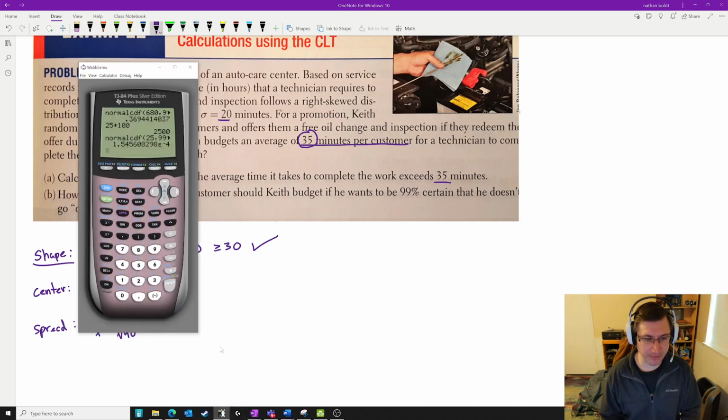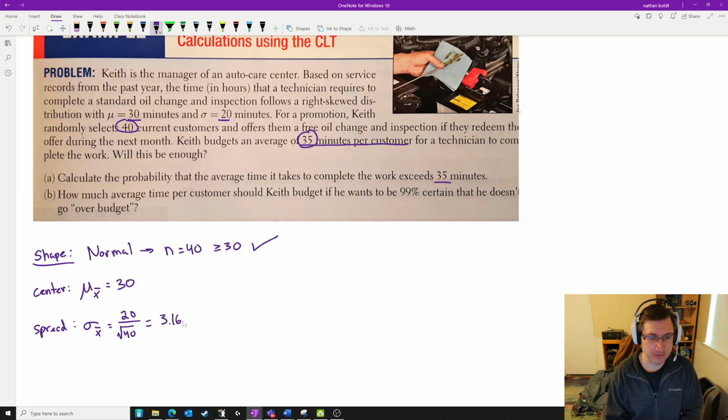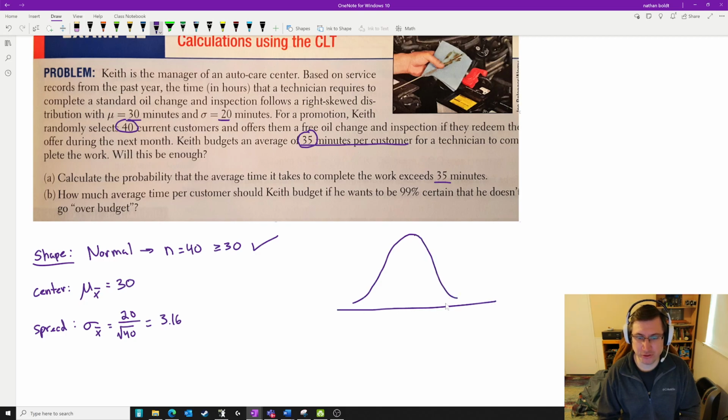I don't think I can do that one in my head. All right, 20 divided by the square root of 40 is 3.16. So here is what a sample of 40 customers could look like.